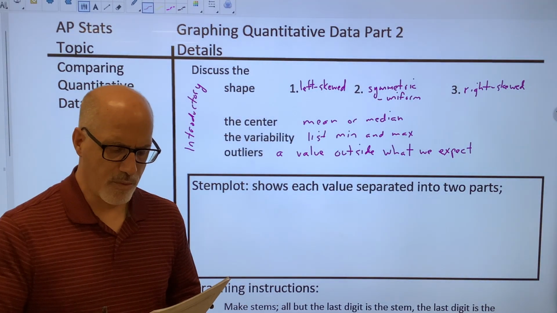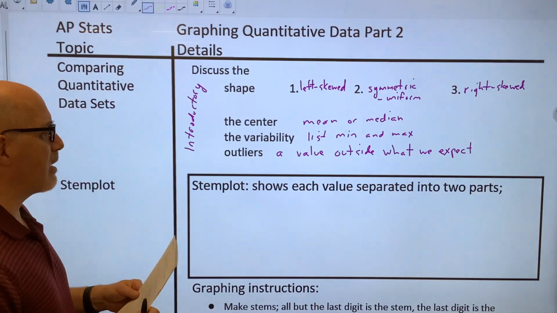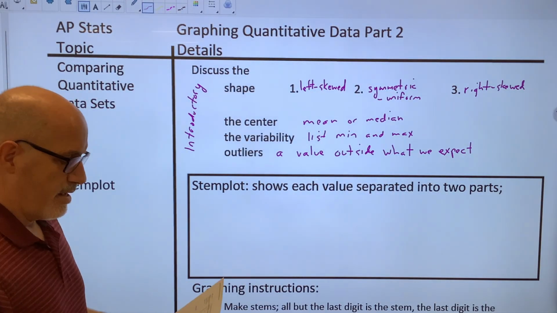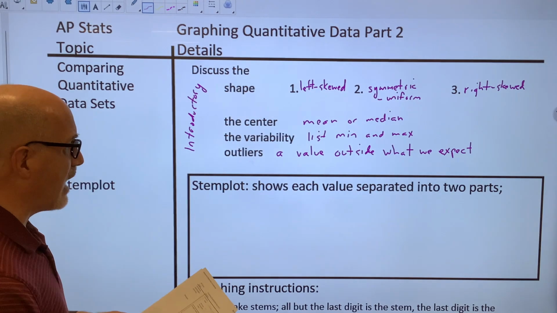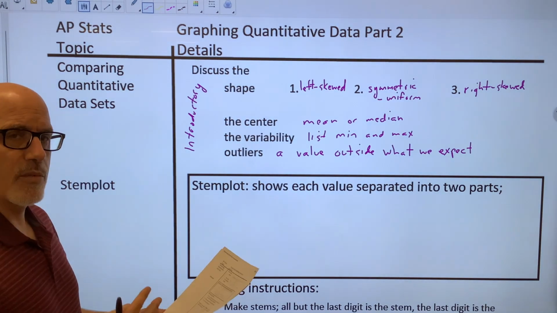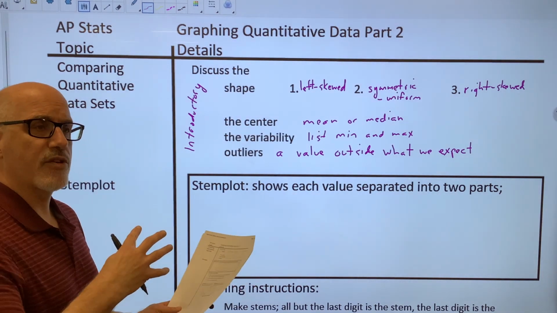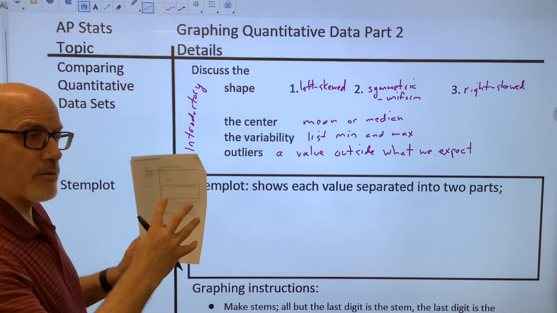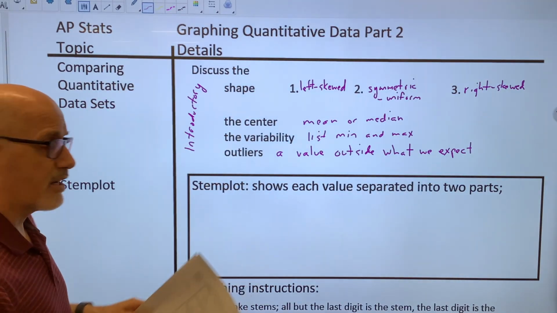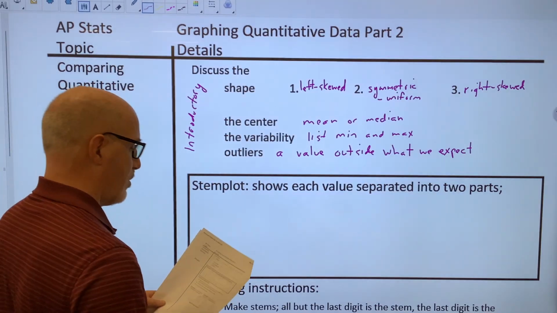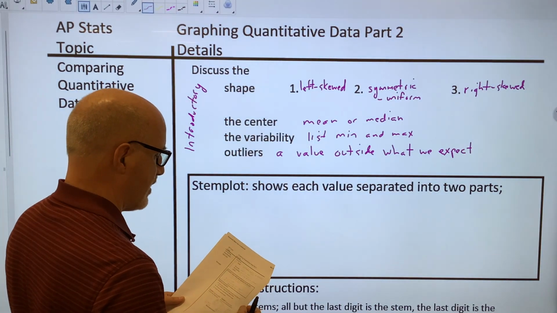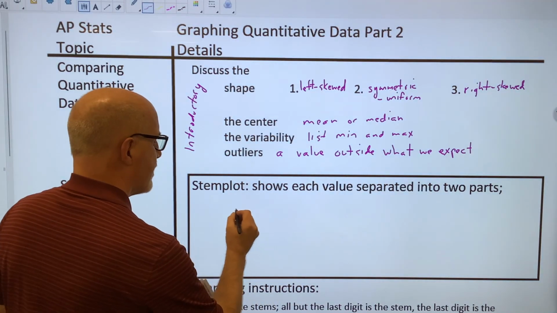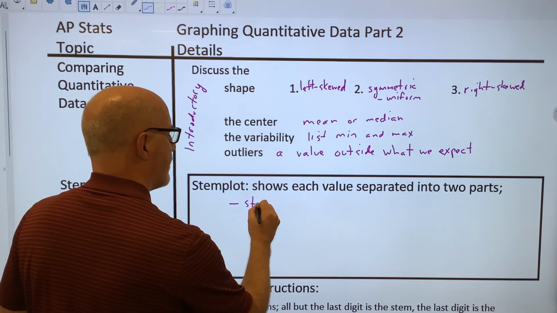All right, now let's talk about a specific type of graph for quantitative variables, a stem plot. The stem plot is a little bit different than others. It turns the graphical representation on the side, and it goes with a vertical axis. So it shows each value separated into two parts. The first part is the stem of the graph.